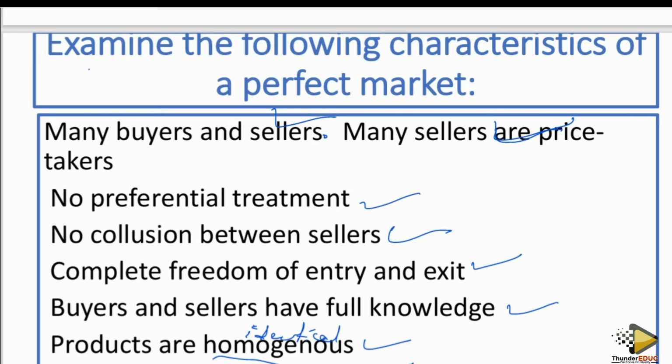Okay, right. So now the last example of the vectors of production, we have entrepreneurship. In this regard, grade 12s, make sure that you know how to distinguish between entrepreneurship and entrepreneur. When you talk of entrepreneurship, we talk of a process, but an entrepreneur is a person. So entrepreneurship is a process whereby vectors of production are combined to make profit.